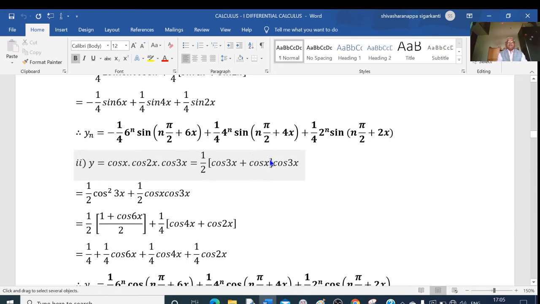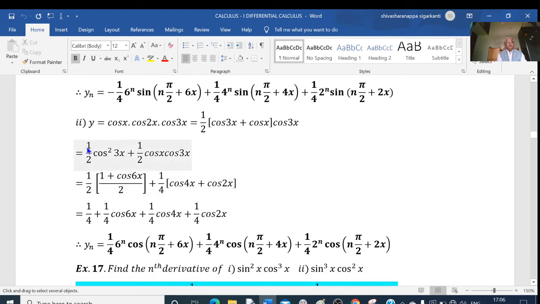But cos of minus x is equal to cos x itself.